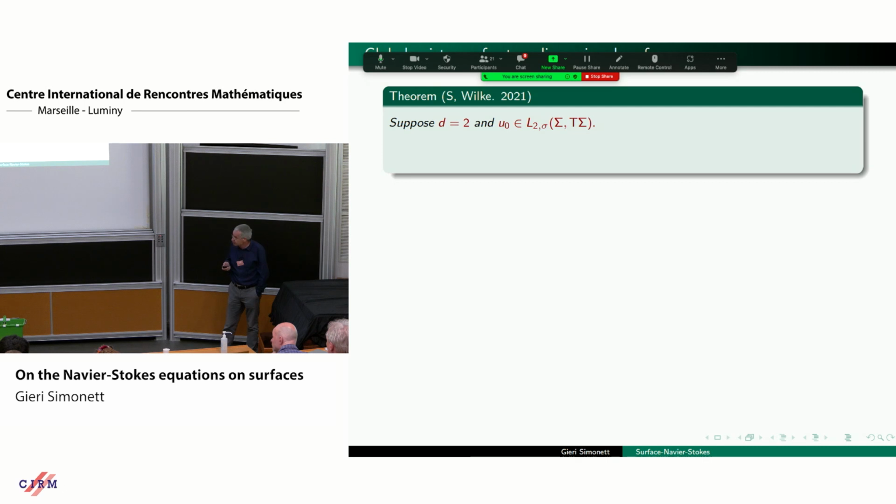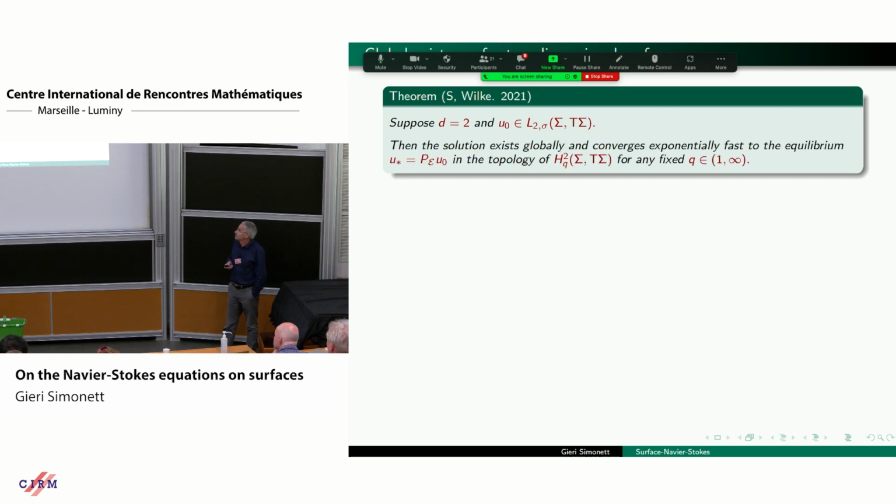Is the same true here? And the answer is yes. You can start with your favorite initial velocity that is in L2 and divergence-free. Then I guarantee you that the solution exists globally, and it will converge to an equilibrium. So no matter how you start, it will always relax to an equilibrium.